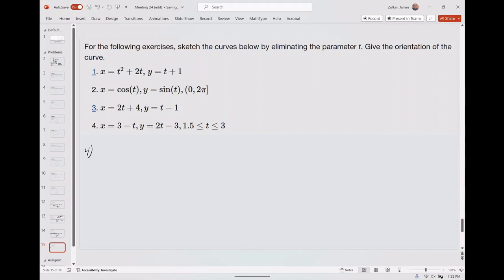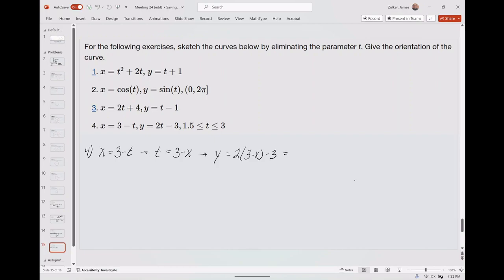This last one. We'll find that t is 3 minus x. y would then be 2 times that minus 3.